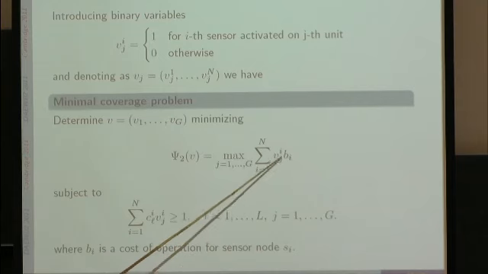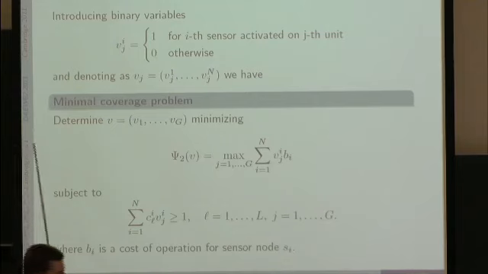This cost may be, in the simplest way, the number of sensors. So we minimize the number of sensors used in order to provide the proper coverage of the whole area.